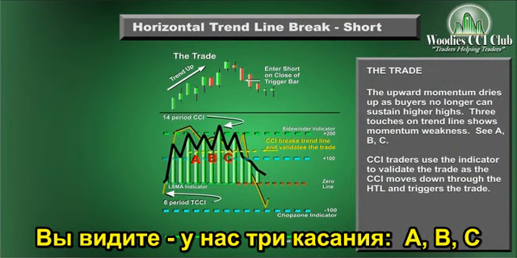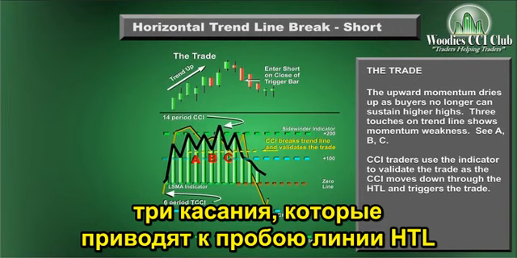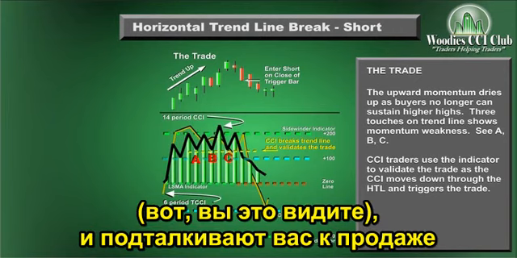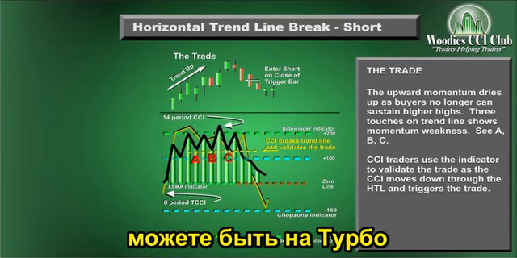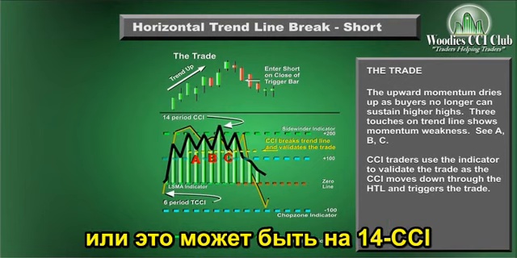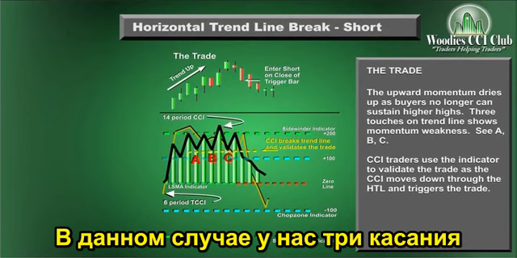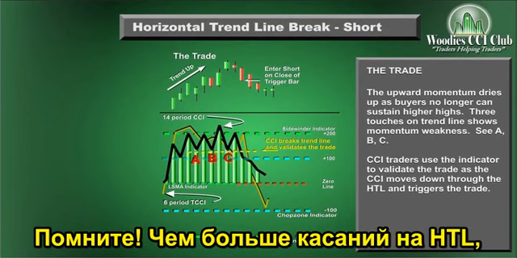And you can see we had 3 touches here, A, B, and C, which put you in, breaking at this bar right here, pushing you into the short. These touches can be on a turbo or they can be on the 14 CCI. In this case, we had 3 touches.